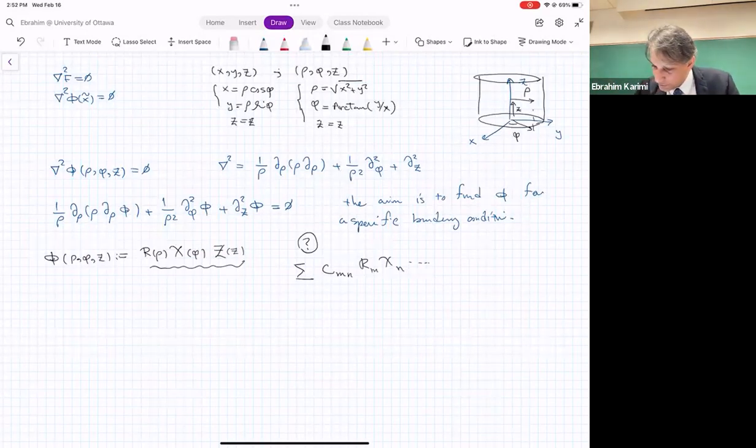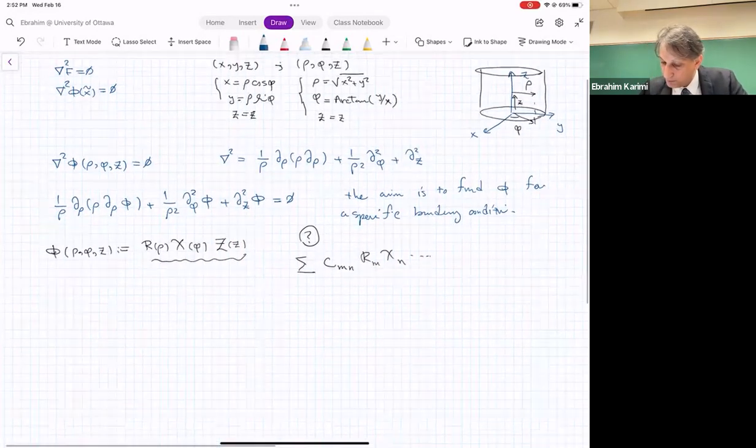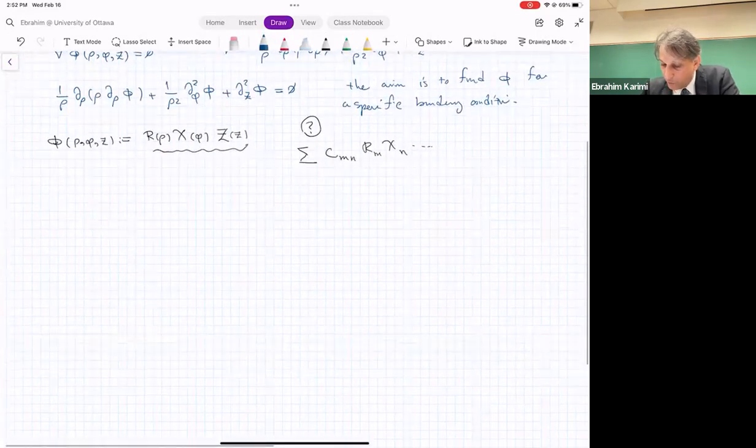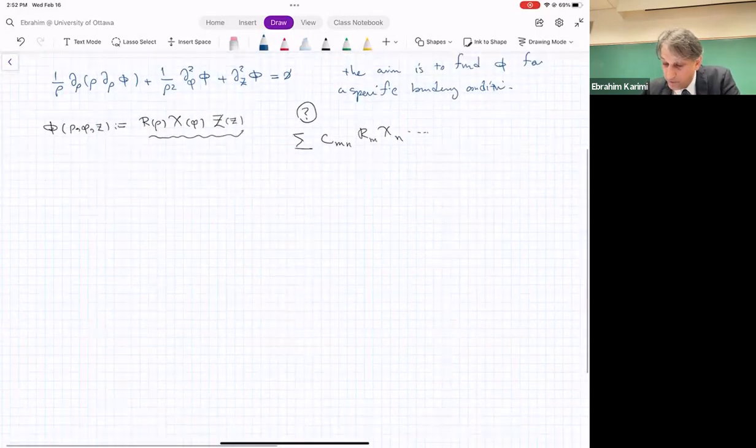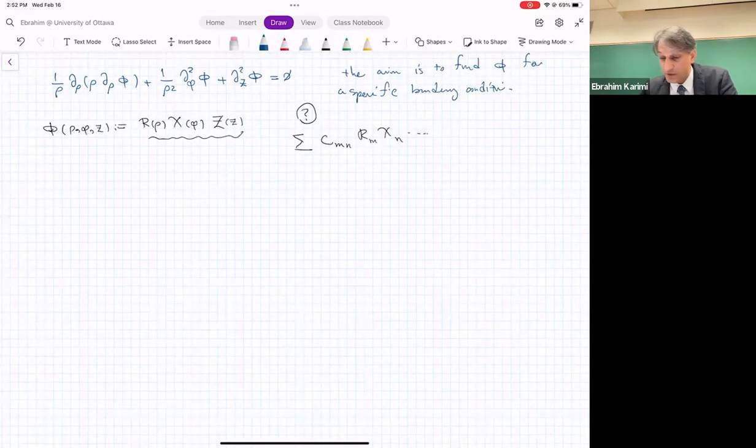So let's substitute them inside the Laplacian that we had. Essentially the derivative of rho will act only on R, the derivative of phi will act only on chi, the derivative of z will act on Z only, and then I will divide both sides by the product.